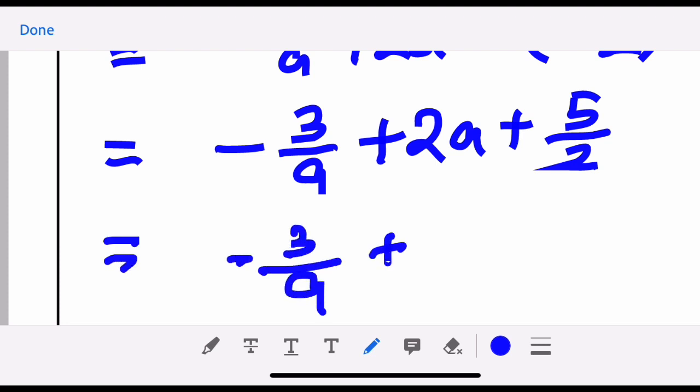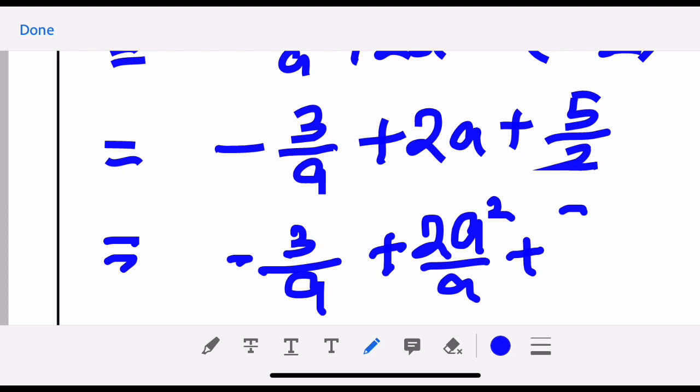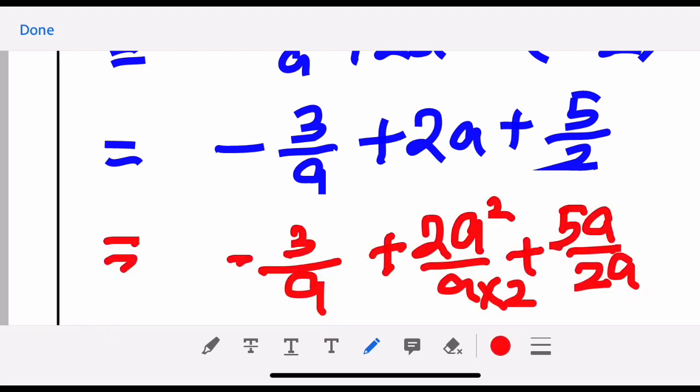You make the denominators all a, right? Like this, 5a/2. There's a 2, so you have to times 2 for every term. So you can say that you want to times 2 here, times 2 here, times 2 here. Also no problem.